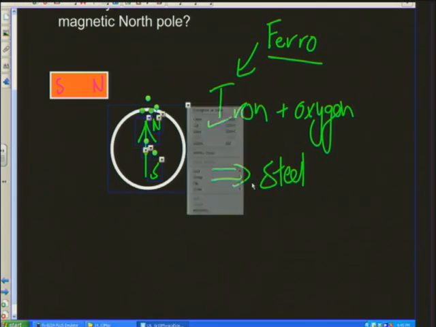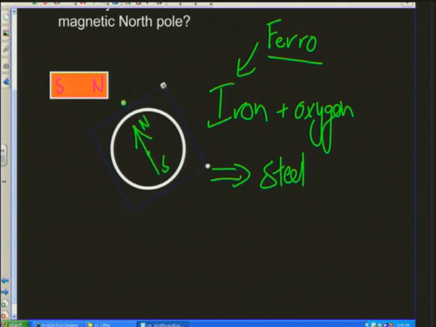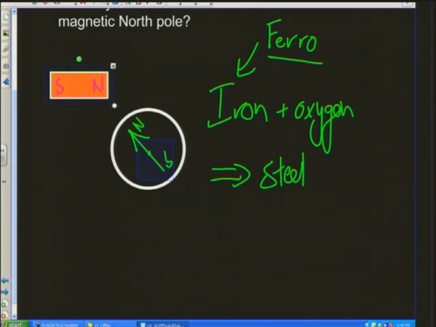It's going to change its direction of pointing, and it's going to start to point to the local area of the North Pole, of this North Pole. Okay? It's not going to stay where it was. It's going to point to where the local magnetic north is. And the local magnetic north is in line with that.